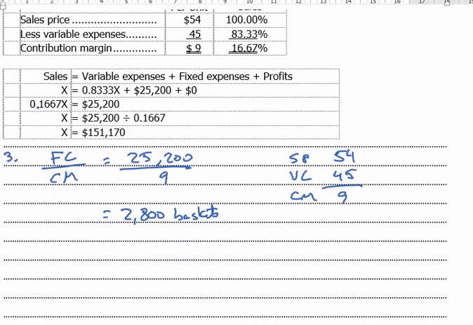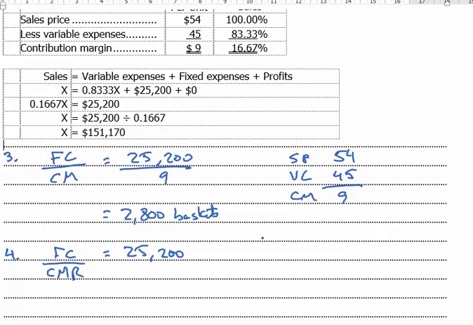Okay, number 4. Compute the company's break-even point in sales dollars using the contribution margin method and the contribution margin ratio. Okay, so this is going to be fixed cost divided by contribution margin ratio. And we said fixed cost was 25,200.